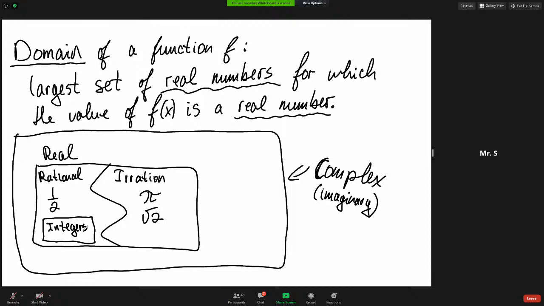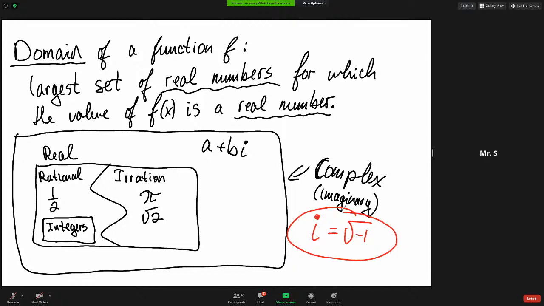But we have these complex numbers that are of the form a plus bi. If you guys remember that from algebra, there is this complex form, which is introduced by defining i as the square root of -1. That is how we define the imaginary unit. So again, this is covered in algebra.